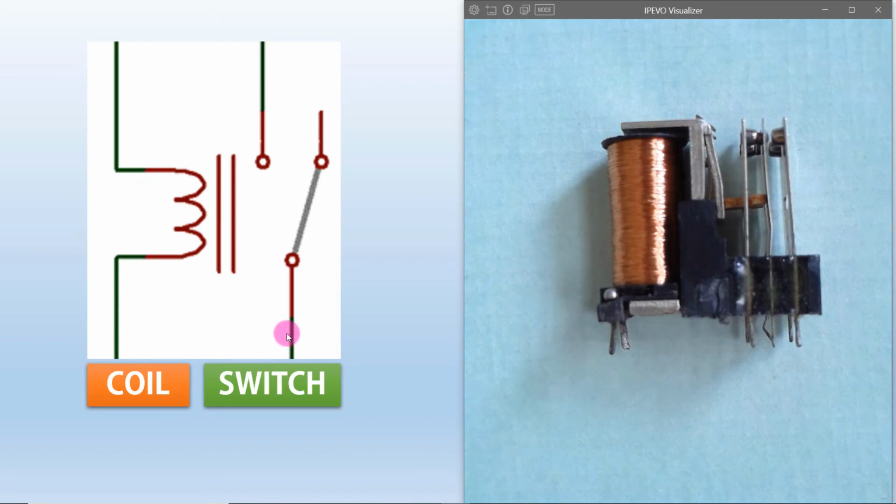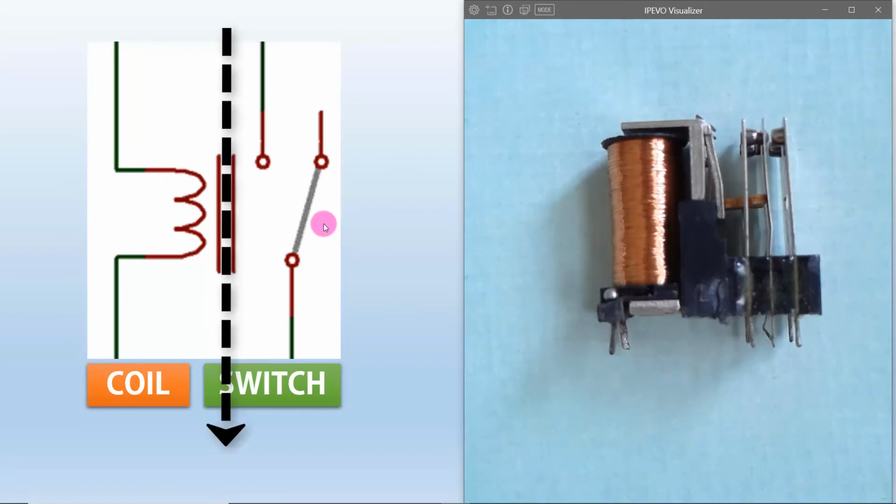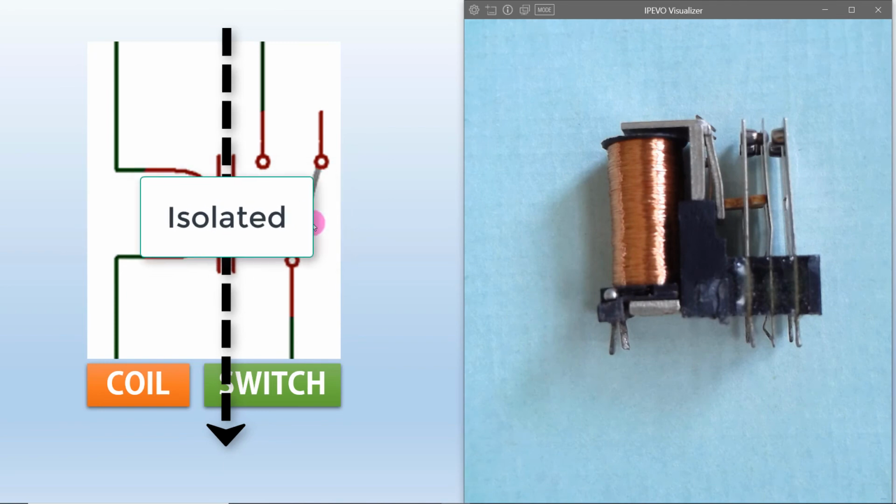Now one other important aspect of the switch is that the electrical part of the switch is not connected with this mechanical switch. Whatever electrical circuit you connect which is controlled, and whatever circuit controls the mechanical switch, both are magnetically coupled and therefore they are electrically isolated.